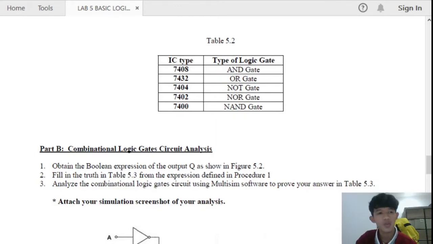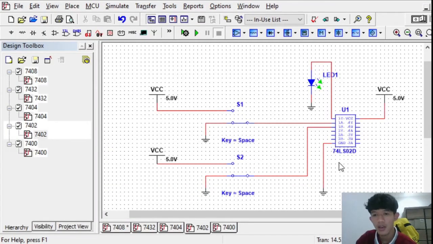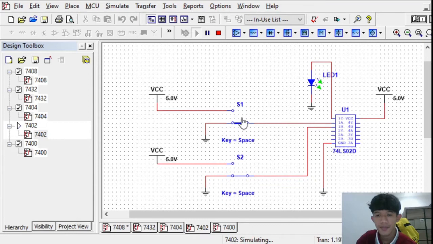For the next one, we use the 7402 IC. We use the same way to detect the operation of logic gates. We put 0 for both inputs. The LED lights on. We put 0 for A input and 1 for B input, and the LED does not light up. Then we put 1 for A input and 0 for B input.